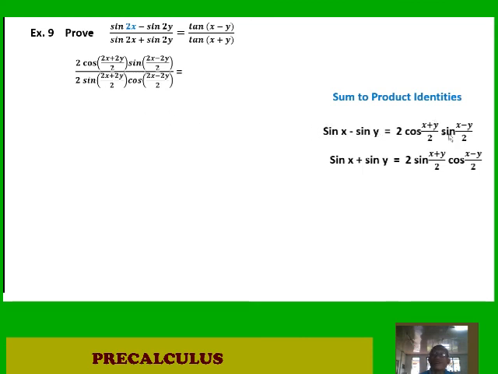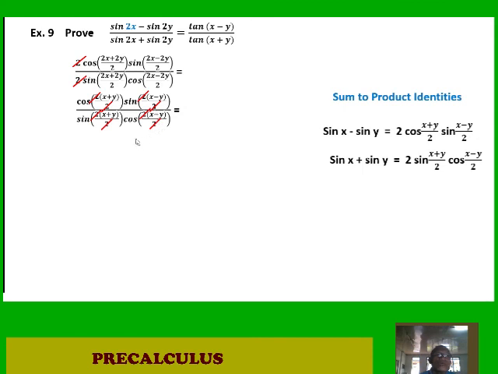Okay, following the identity, cancelling out 2, the common factor, and we can factor out 2 in the numerator in each of the terms, then cancel out 2.